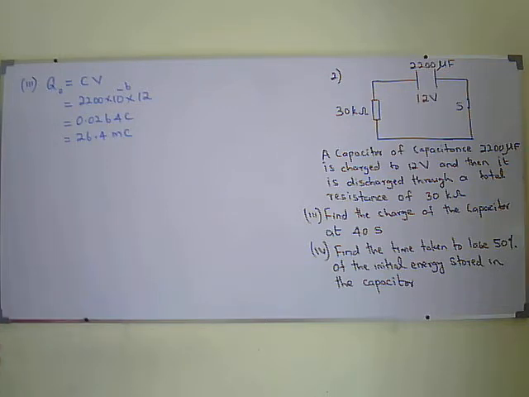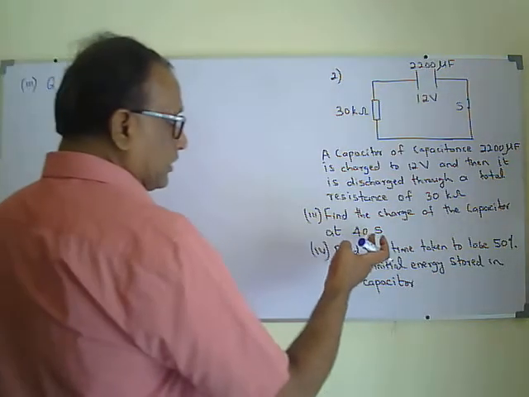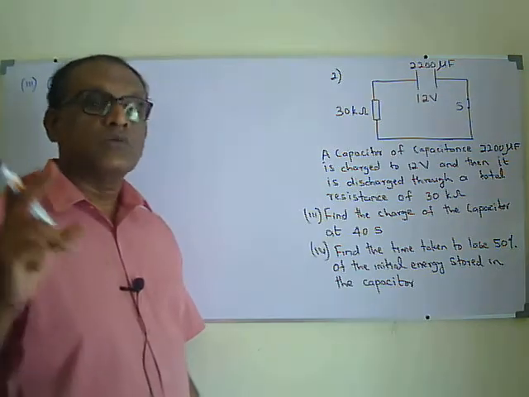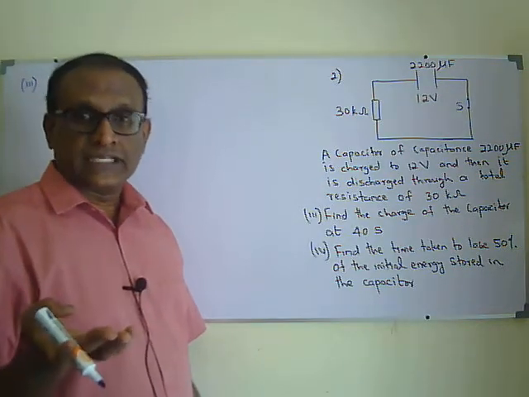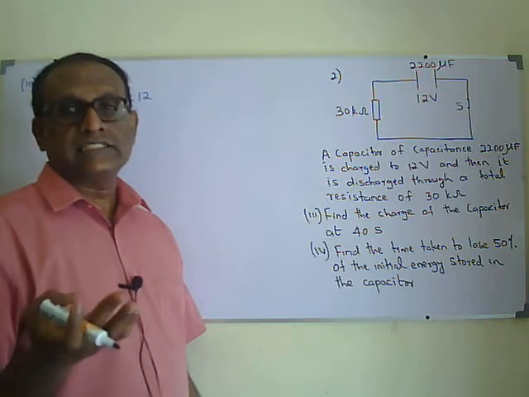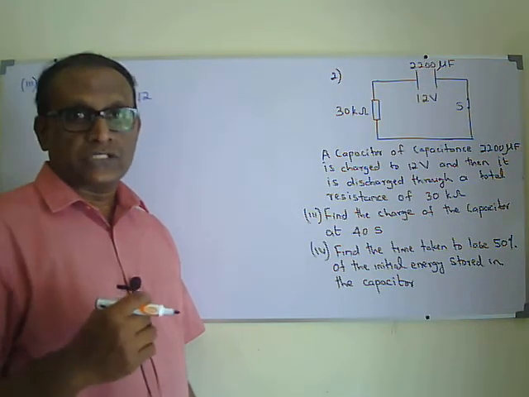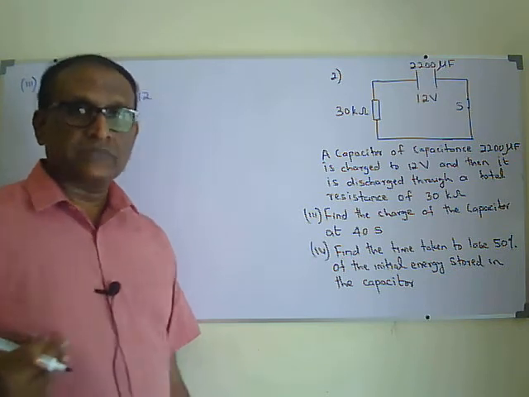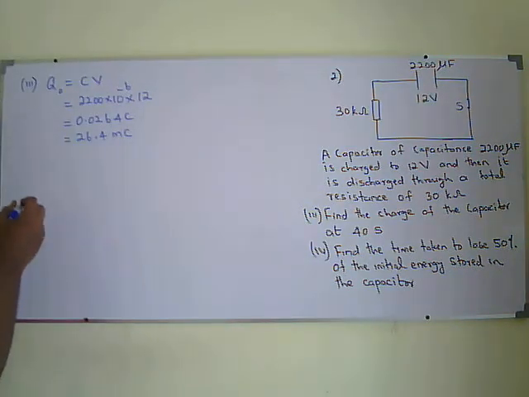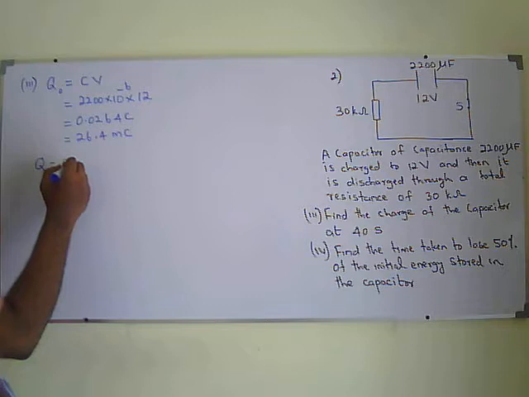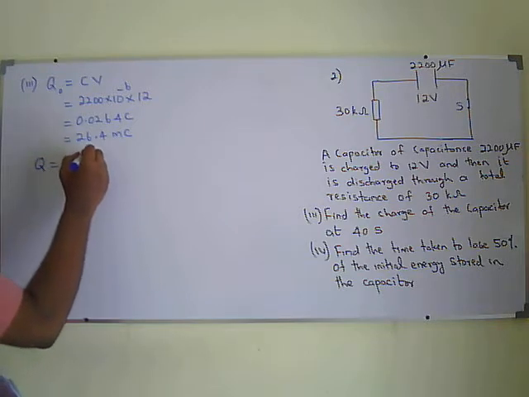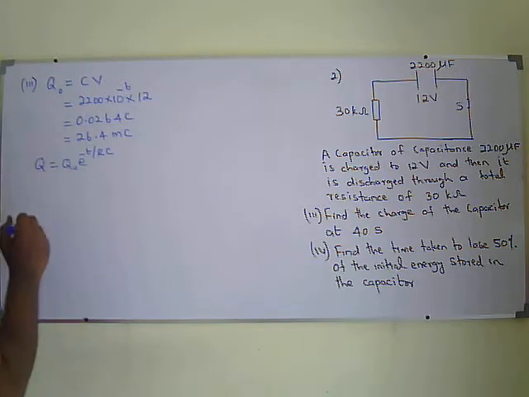So for the charge of the capacitor at 40 seconds during the discharging process, all three factors, voltage across the capacitor, discharging current flow, and the charge of the capacitor, will decrease exponentially. So for the capacitor, I can use Q equals Q naught e to the power minus T over RC.